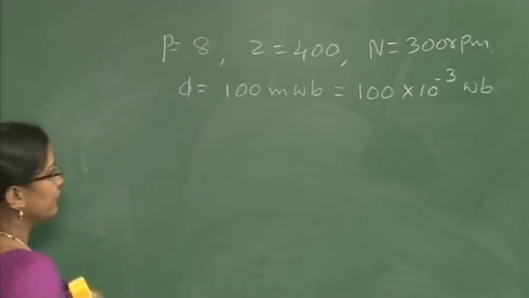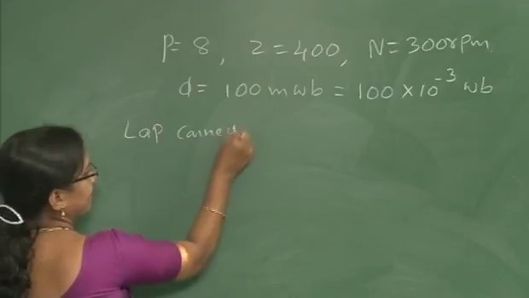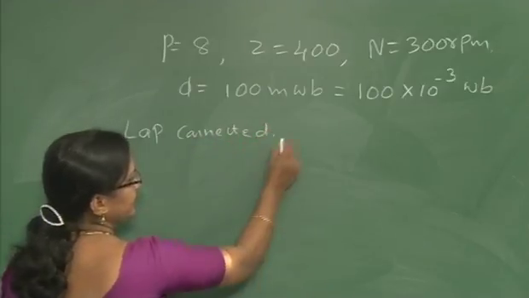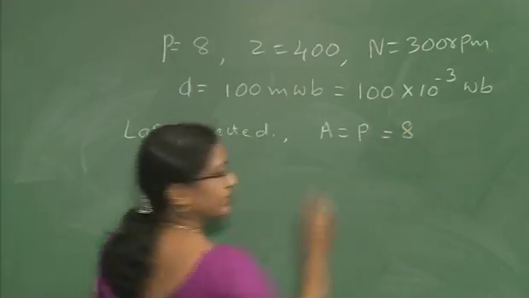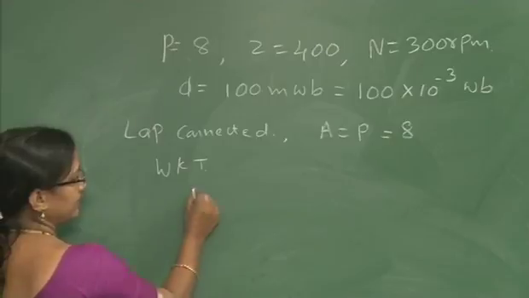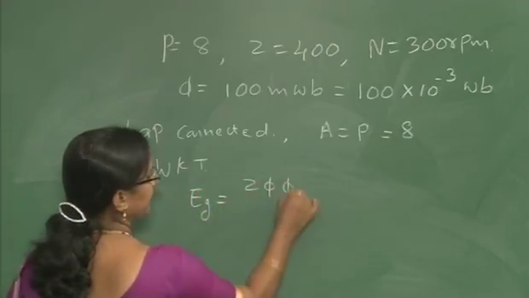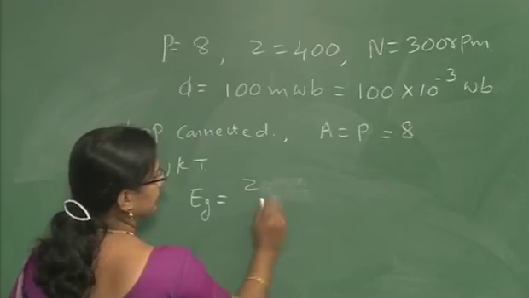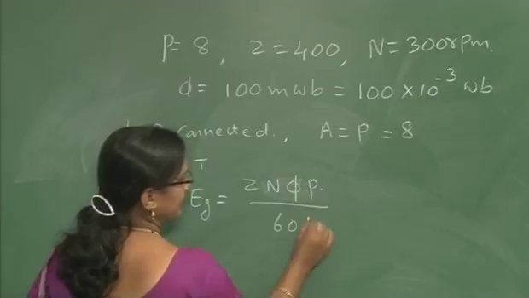Okay. For lap connected, I already told you that the number of parallel paths A is equal to P, that is equal to 8. We know that the EMF induced Eg is equal to ZNphiP divided by 60A.